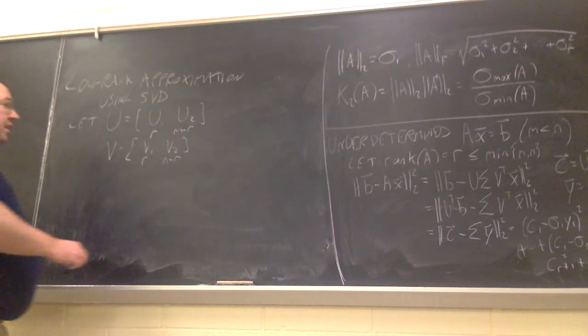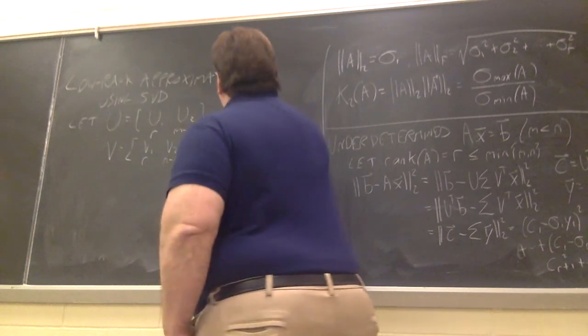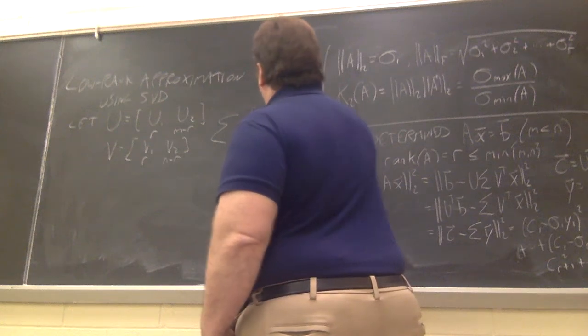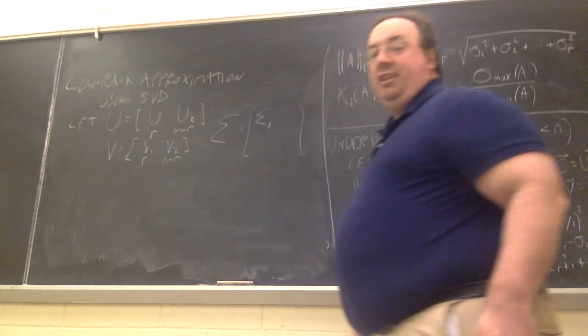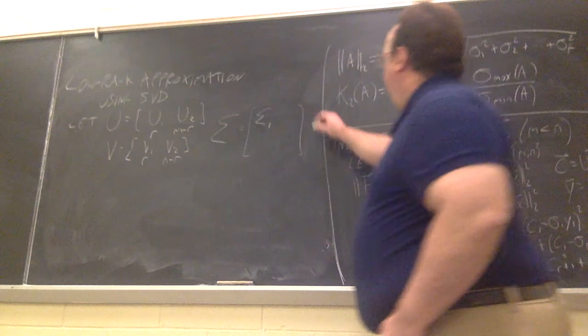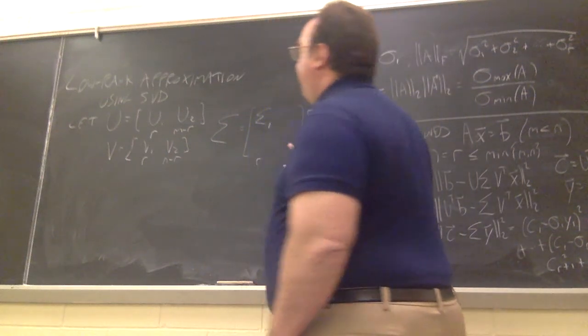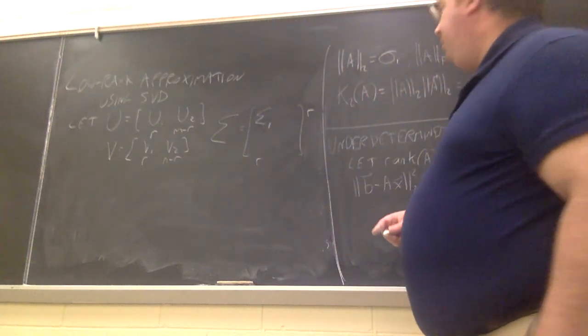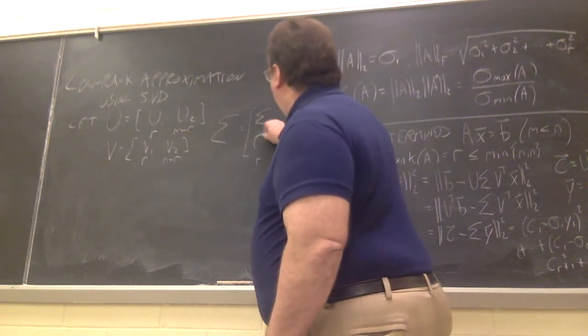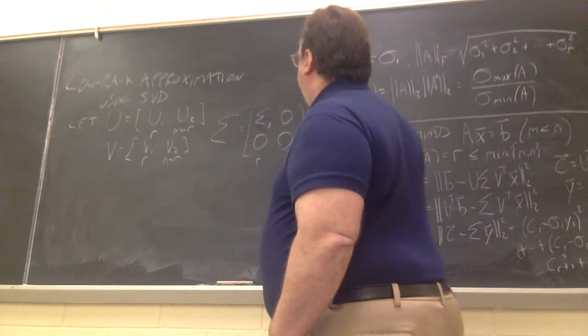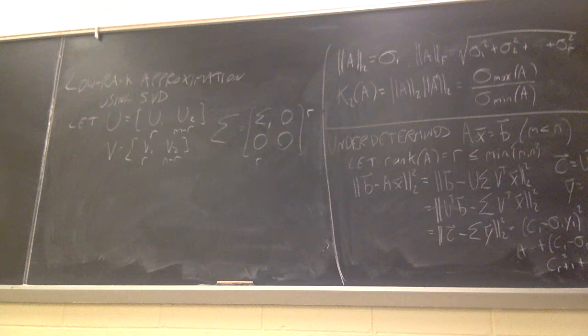And then sigma will break down into sigma 1, an r by r matrix that has all the non-zero singular values, so it's invertible. All other blocks will be 0, because sigma is a diagonal matrix, and sigma 1 contains all of the non-zero diagonal entries.